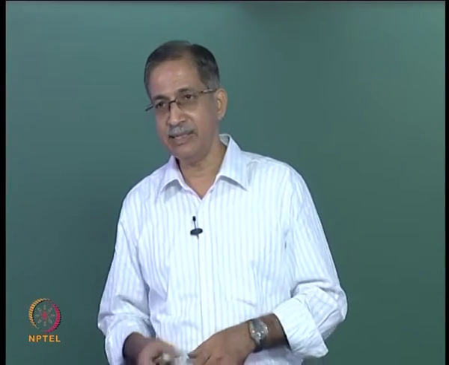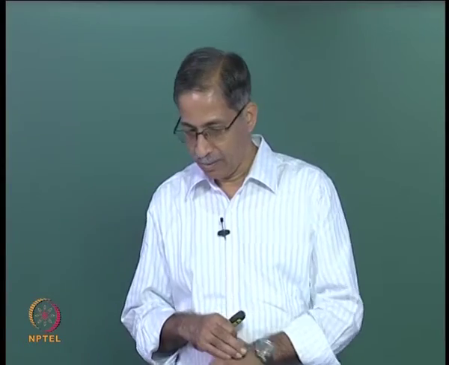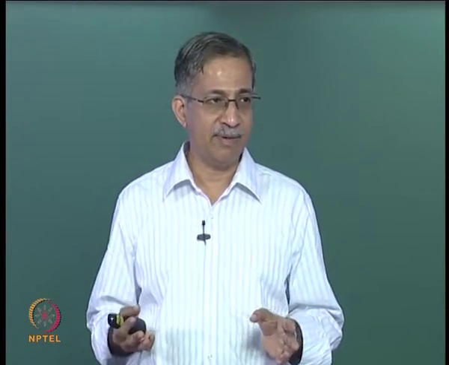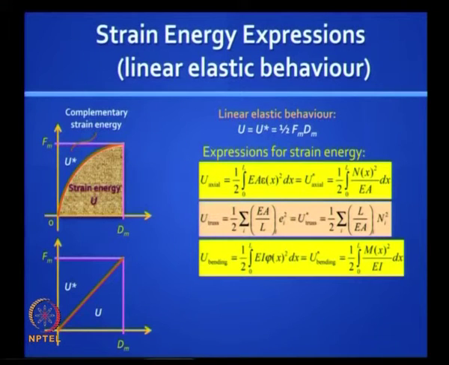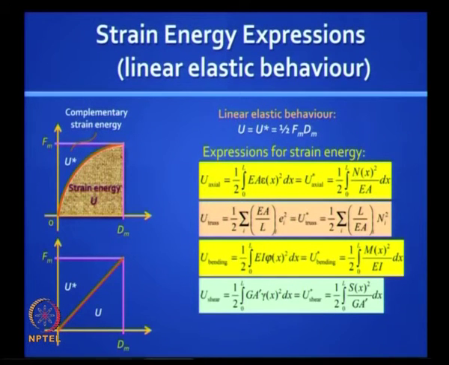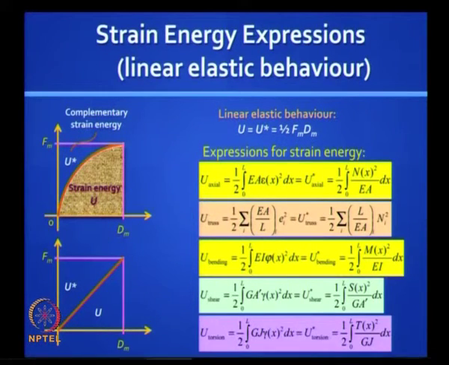This is the strain energy in a beam or in a frame where you are concerned only with flexural strain energy, U and U star. This is strain energy caused by shear, which is usually neglected. We will see later that it is not always negligible, and you have the torsional strain energy.